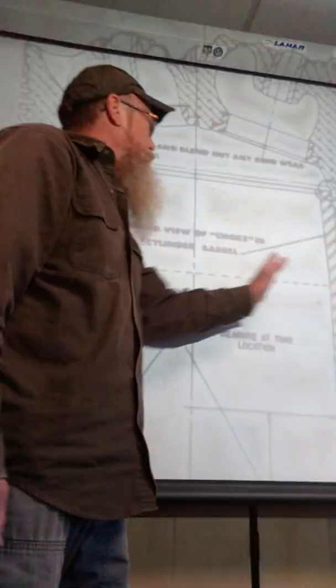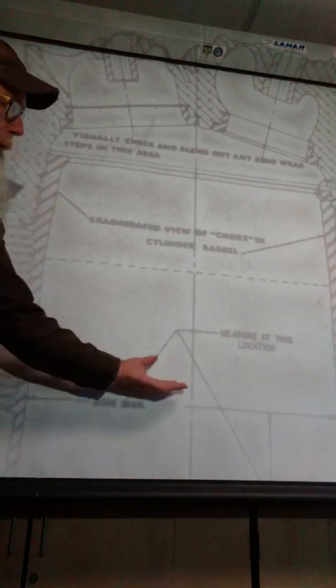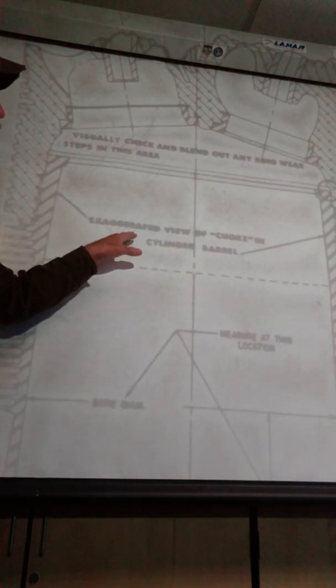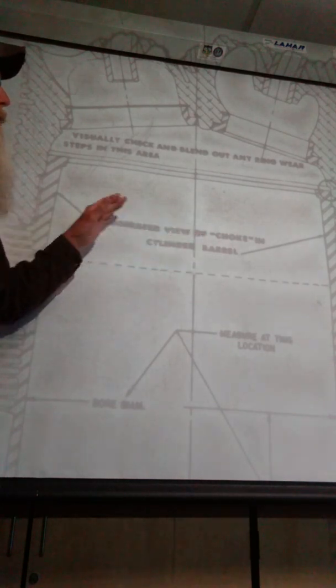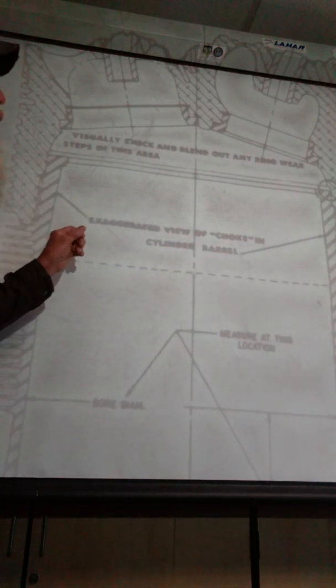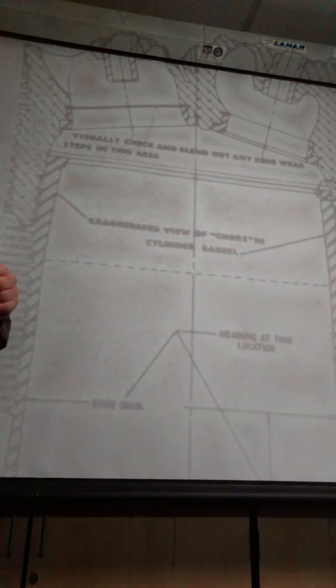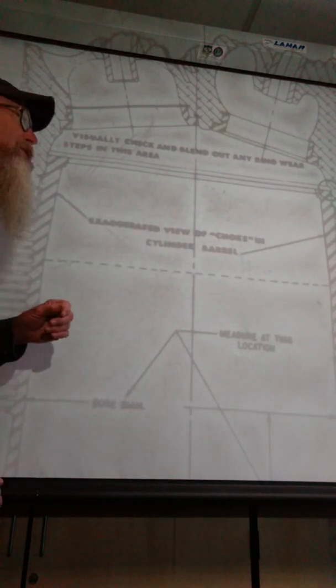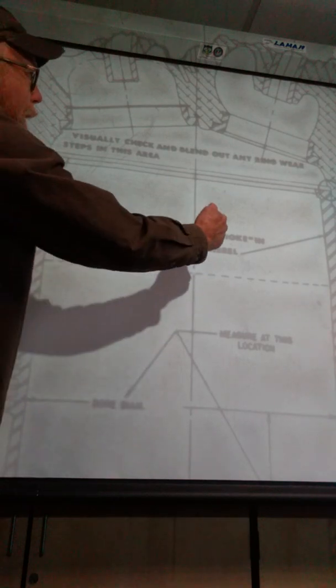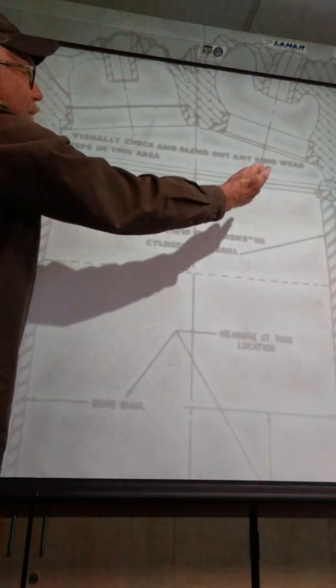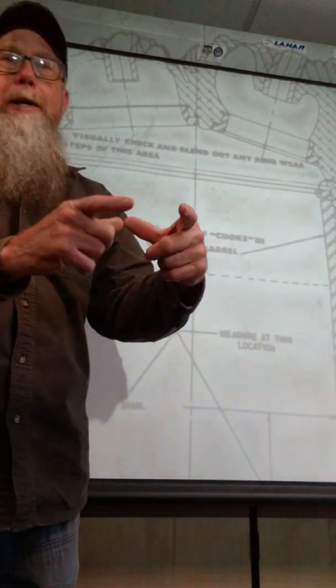So the first one we're going to need to know is our bore. And bore, of course, is the diameter of the cylinder. This example is showing us an exaggerated view of what we call a choke bored or choke barreled cylinder, because it gets tighter at the top. Because this thing is on an aluminum head, and we're dealing with that coefficient of expansion, when this thing comes up to operating temperature, I don't want to start off with a straight barrel and have it tapering outward, because that's really bad in a cylinder.